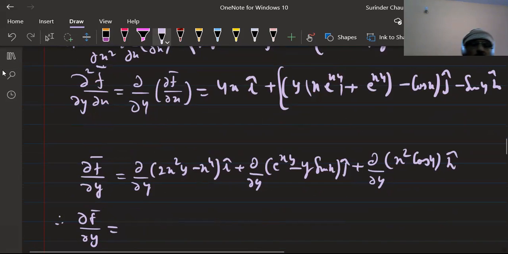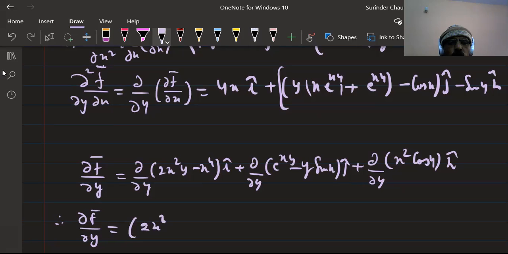Similarly, if we differentiate to y, this is equal to y, differential is 2y, this is equal to 2x is constant. Now this is equal to 2x square. Now this is x square, with difference 2y, this is constant 0. 2x square iota, difference is 2y, this is equal to plus y, e square xy, same, e square x, difference xy is equal to x.